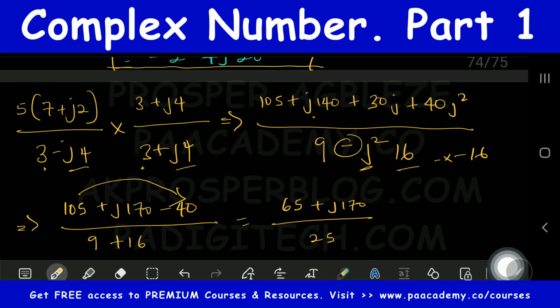All right, I just want us to get rid of the denominator, so we can just go ahead and divide 65 by 25. If you do that with your calculator, you are going to be getting 2.6.